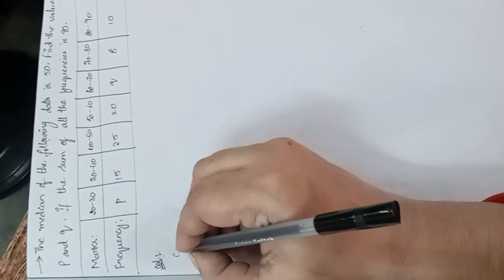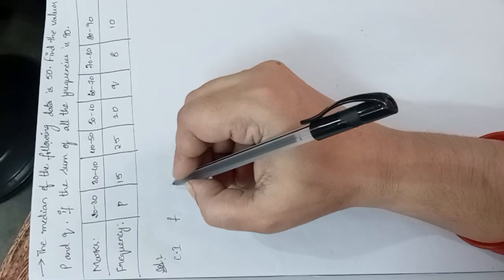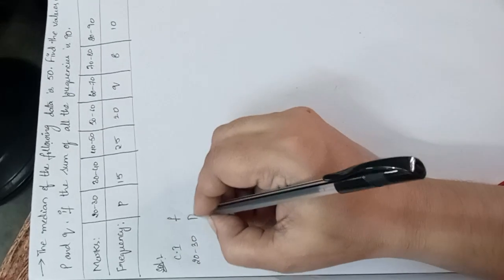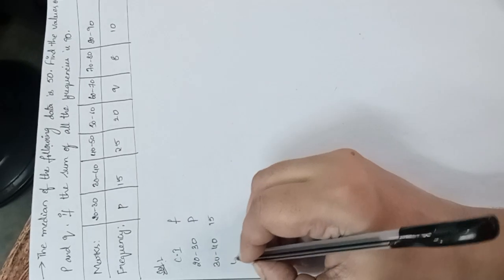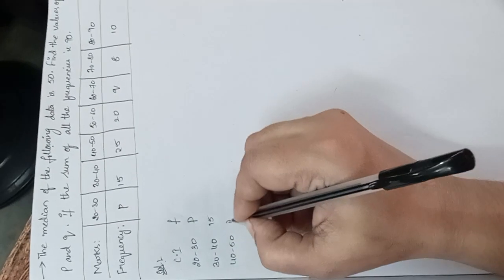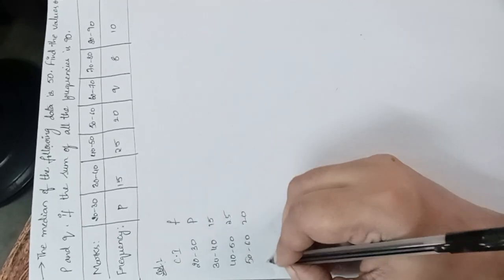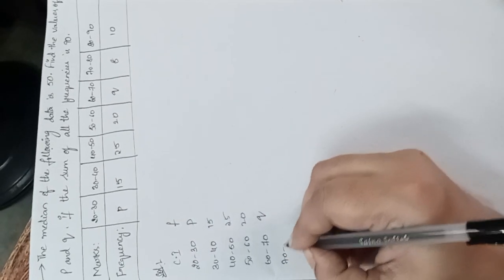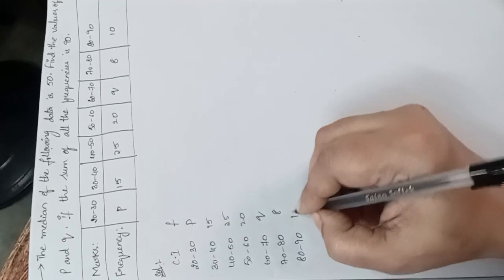That is, first is class intervals, frequency, right? Let us complete this. 20 to 30, p; 30 to 40, 15; 40 to 50, 25; 50 to 60, 20; 60 to 70, q; 70 to 80, 8; 80 to 90, 10.